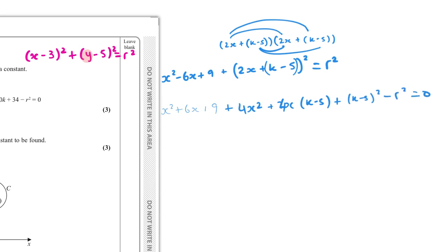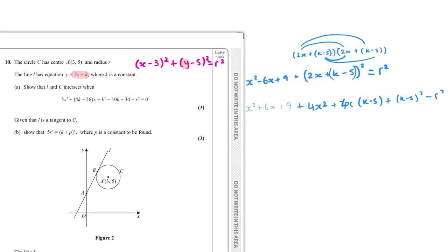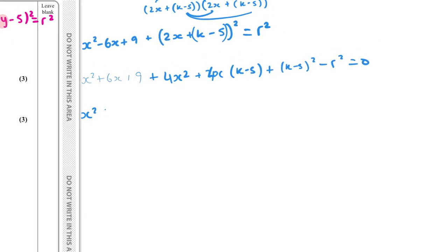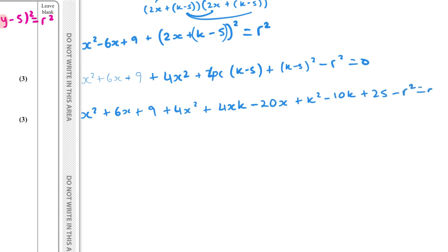And then minus r squared equals 0. Now, you can see they've clearly expanded everything, so let's keep going. So then we're going to have x squared minus 6x plus 9 plus 4x squared plus 4xk minus 20x plus k squared minus 10k plus 25 minus r squared equals 0.